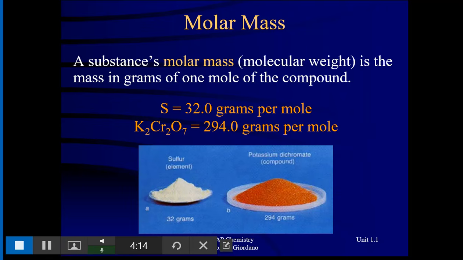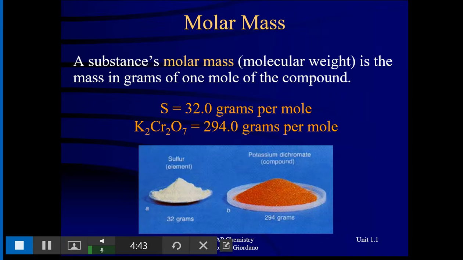And that's because each individual particle weighs differently, okay? One sulfur atom has a very different mass than one formula unit of potassium dichromate. So you can see there that potassium dichromate has a much higher molar mass. Its particles simply weigh more.